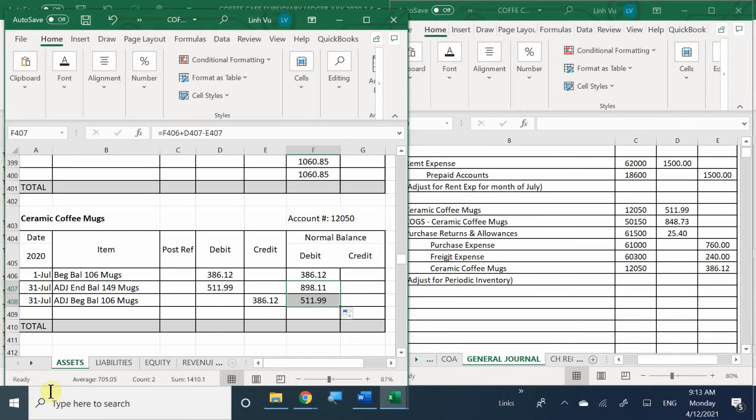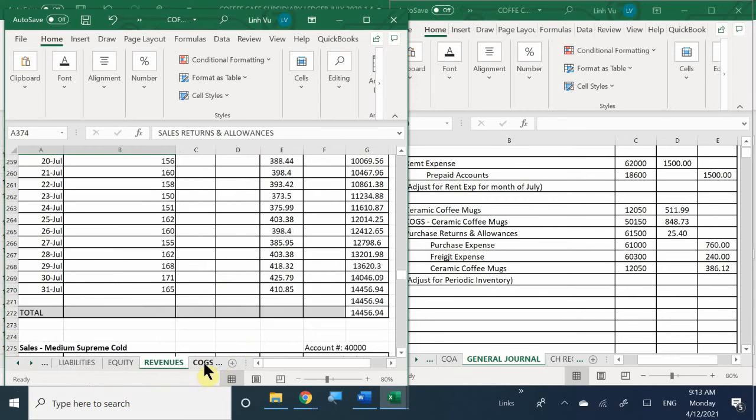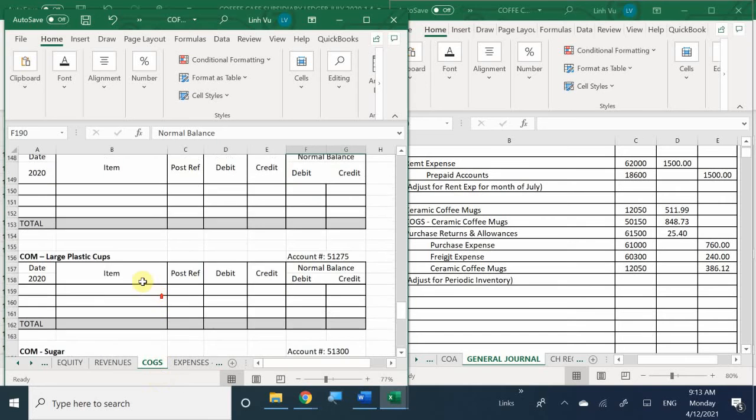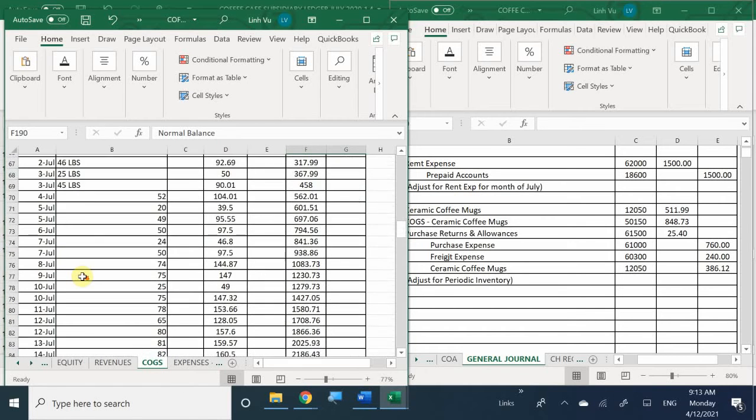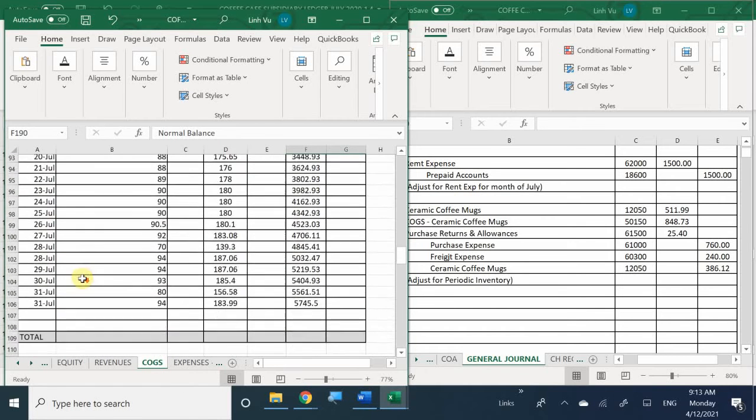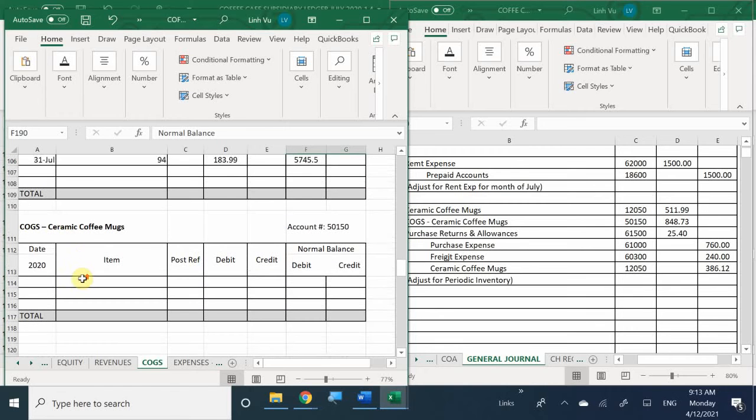Next thing is the cost of goods sold. So cost of goods sold, we're going to locate our coffee mugs. Here we are, coffee mugs. Right? How many coffee mugs did we sell? We sold 247. Actually, let's double check that.